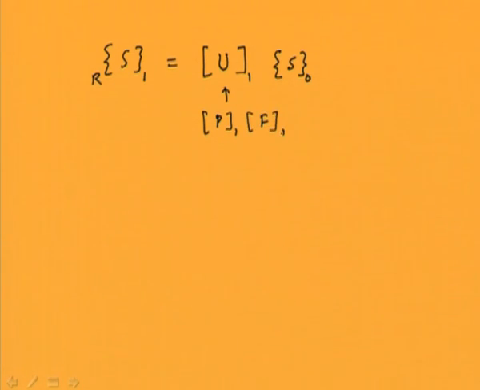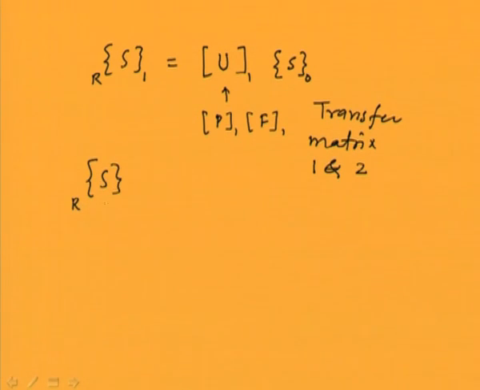So U represents the transfer matrix relating state vector 1 and 2, the transfer matrix which relates station 1 and 2. The same thing we can write for state vector right of 2 as transfer matrix 2 times state vector right of 1.